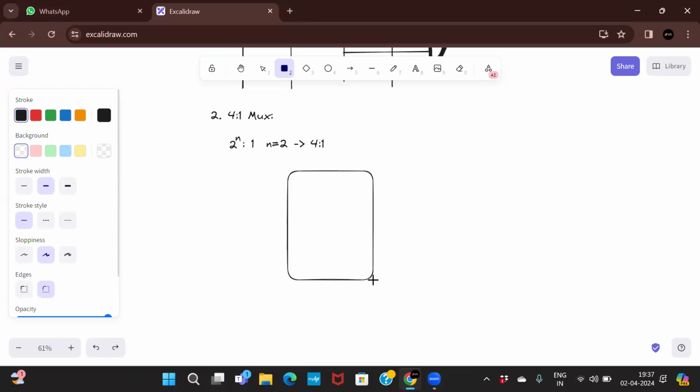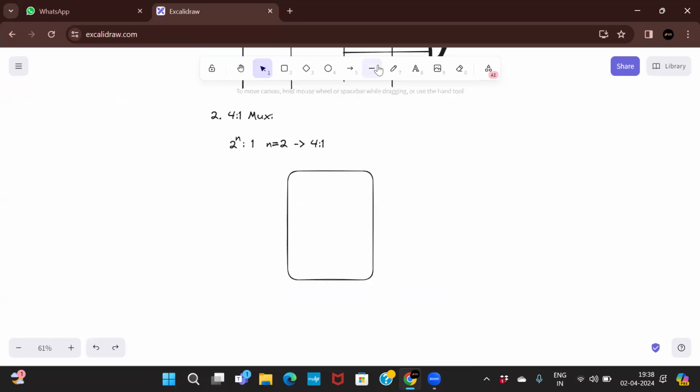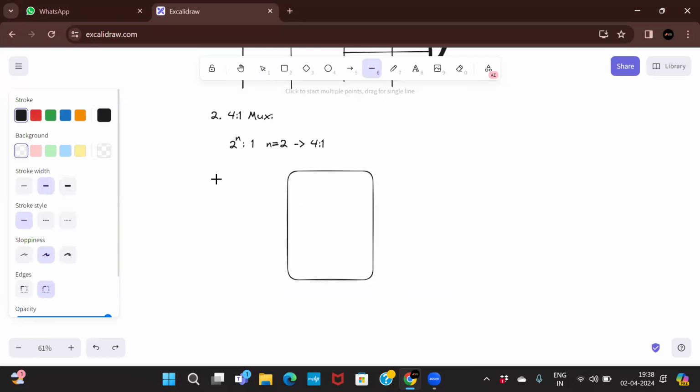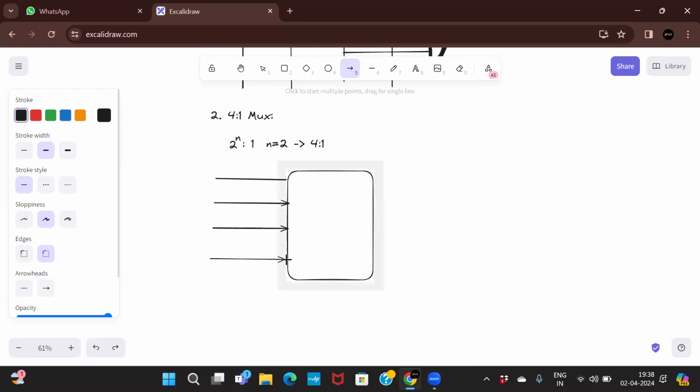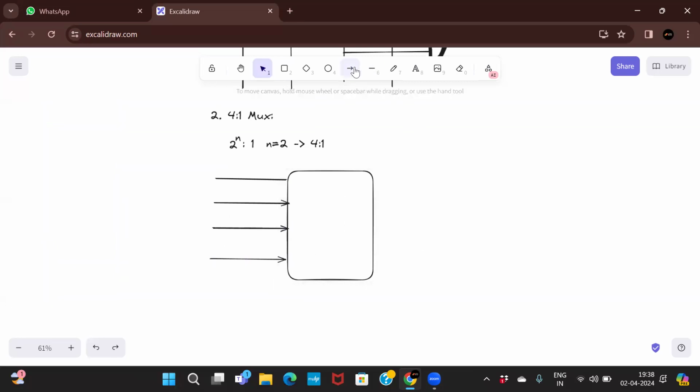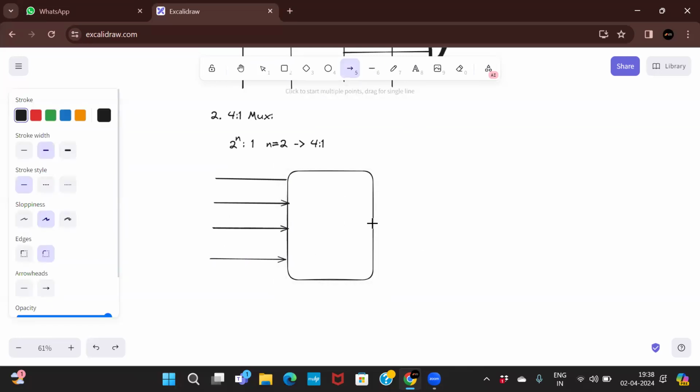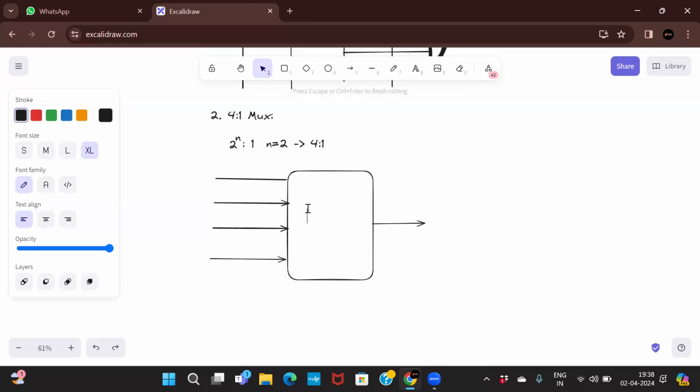Consider 4 inputs, 1, 2, 3, 4, and we have only one output. This is a 4 to 1.